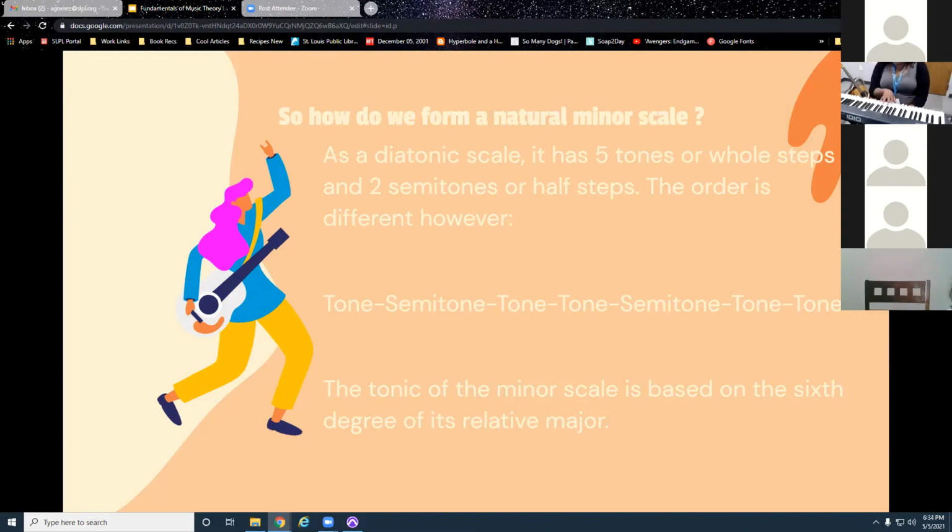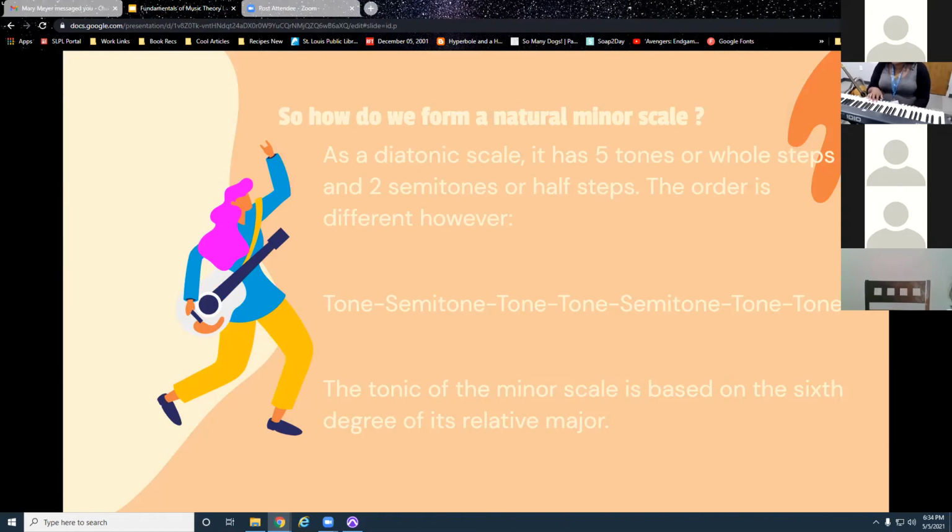Again, referring to the A minor scale, which uses only the white keys, it goes A to B, a tone, black key between them. B to C, a semitone, no black key between them. C to D, a tone, black key. D to E, black key between them. E to F, a semitone, no black key.